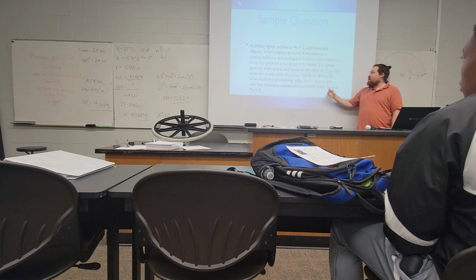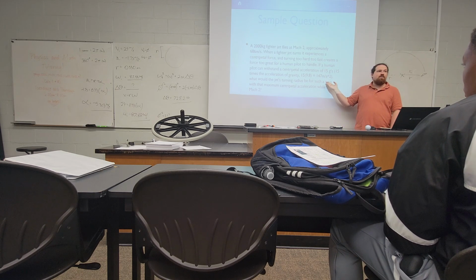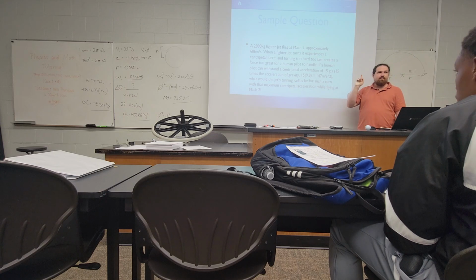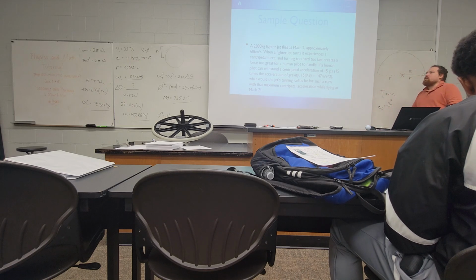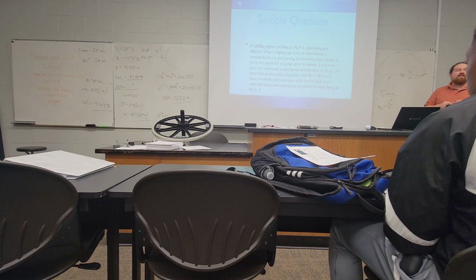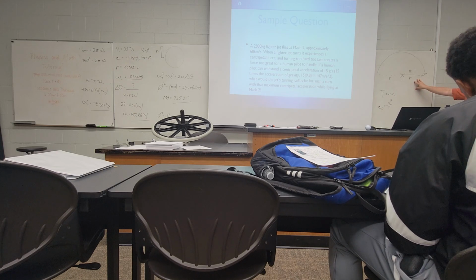Here it's 15, and we got a really big acceleration that this pilot could hypothetically withstand. Hypothetically. A lot of people black out before 10. But if this pilot can withstand that much acceleration, I would like to figure out the turning radius of the jet while this person is piloting it that fast.